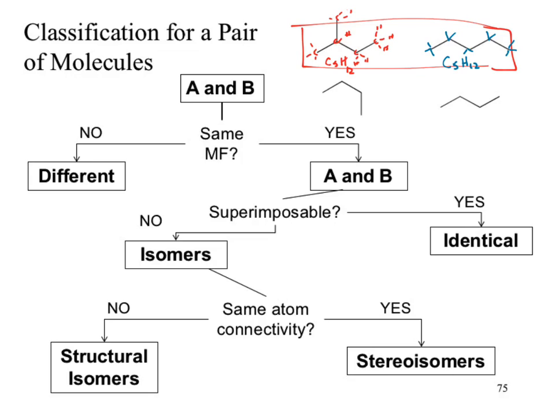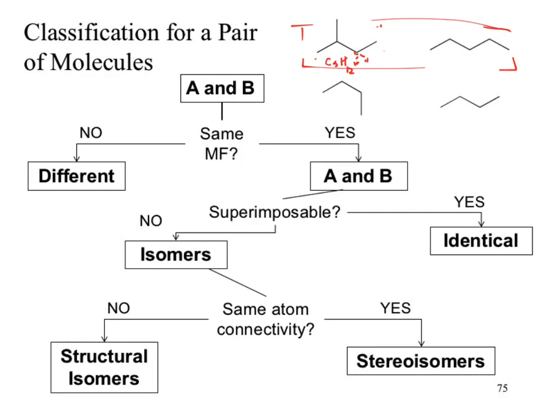Right? Because they have the same formula, we could then jump down to then saying, are they then superimposable? Okay? So we would try and overlay those, and we would find we can't superimpose them. That makes them isomers. We would then move to the atom connectivity, which usually throws people for a loop, okay, on trying to figure out what that then means.